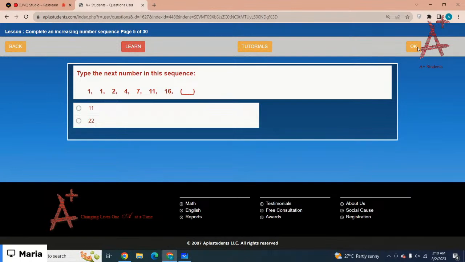The next one is 22. So the correct option is 22.